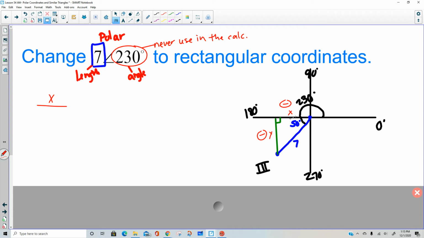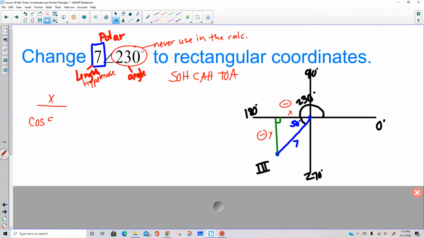So to find x, we know x is the adjacent side. Hypotenuse, by the way, your length, 7, that's always going to be the hypotenuse of your right triangle. Right, SOHCAHTOA if you need it. To find x, we have the adjacent side and the hypotenuse. So that's going to indicate the cosine.